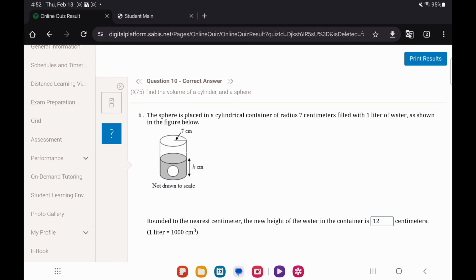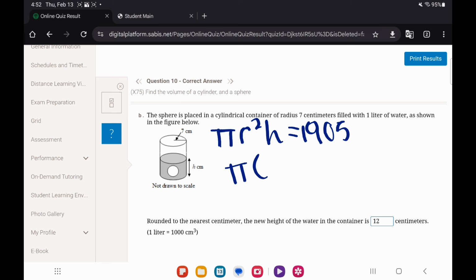So the equation for the volume is pi r squared times height, because this is a cylinder, equals the total we already found, which is 1905. The radius, they told us it's 7, so pi 7 squared height equals 1905.